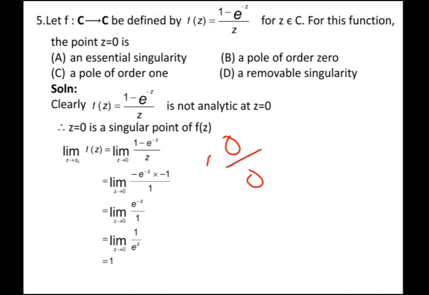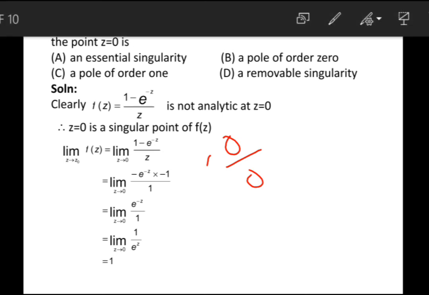So here we can write it as limit z tends to 0, minus e raised to minus z into minus 1, divided by 1. That is, here we are differentiating the numerator and the denominator separately. So this is equal to limit z tends to 0 e raised to minus z by 1, that is equal to limit z tends to 0 1 by e raised to z, that is 1 by 1, which is equal to 1.